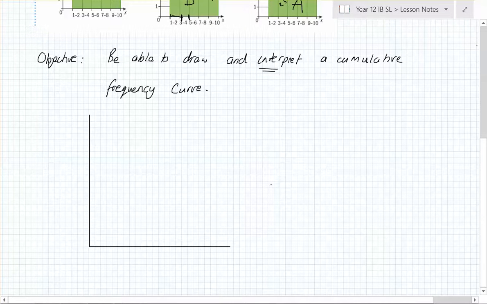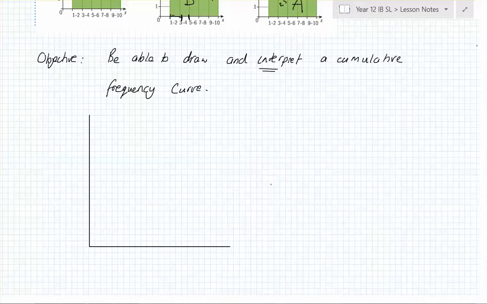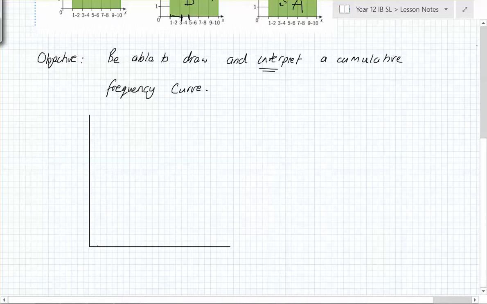Yeah, kind of, but there's a generally recognisable shape for cumulative frequency. Okay, we've got it. Kind of like this, isn't it? And the y-axis is not a frequency now, it's a cumulative frequency axis. Okay? And the x-axis is whatever it's about.